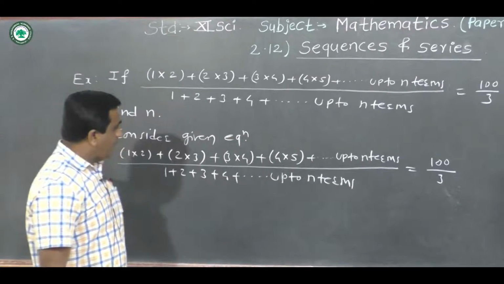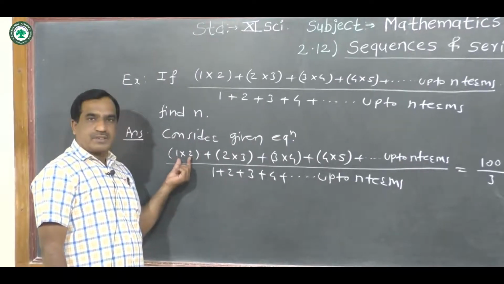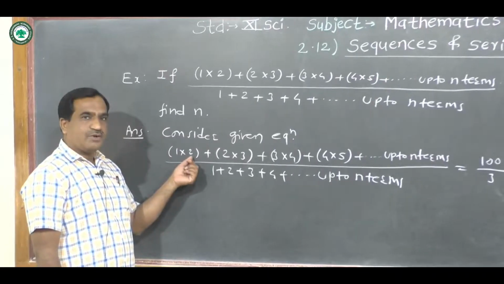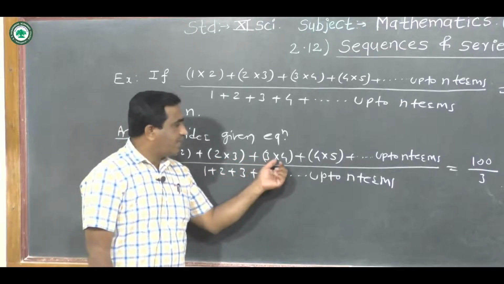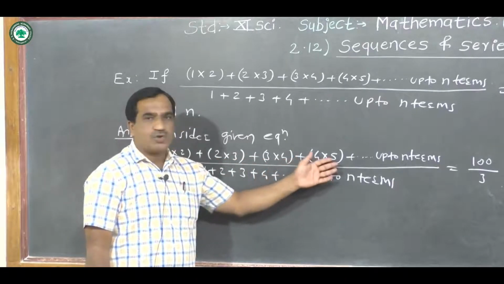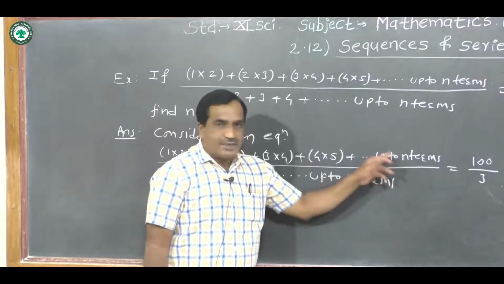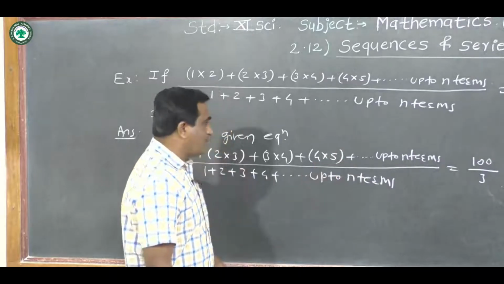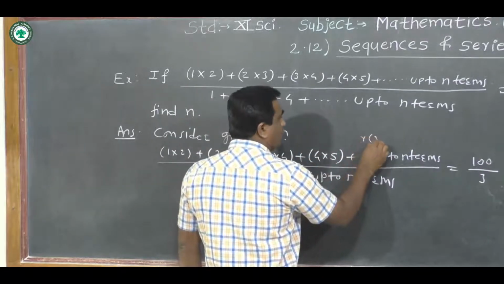Okay. Now in the numerator, each term is a product of two conjugative numbers. 1 and 2 are conjugative numbers, 2 and 3 are conjugative numbers, 3 and 4 are conjugative numbers. That is the product of conjugative numbers, and here there are n terms. Therefore we can find the rth term. The rth term is r into r plus 1.